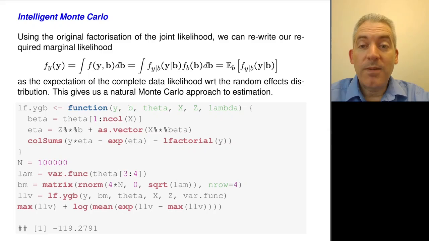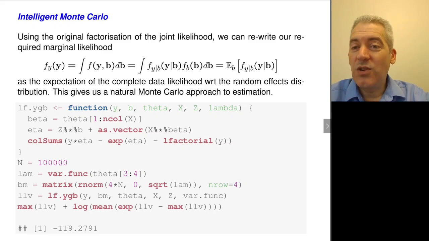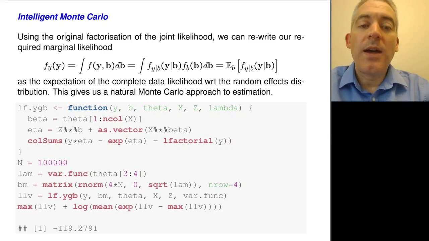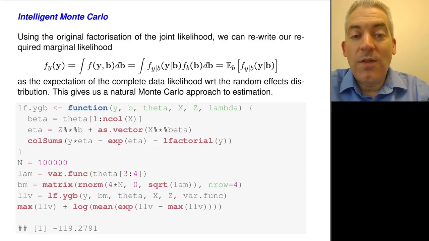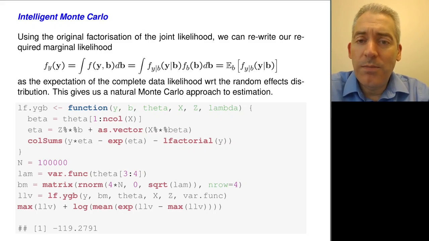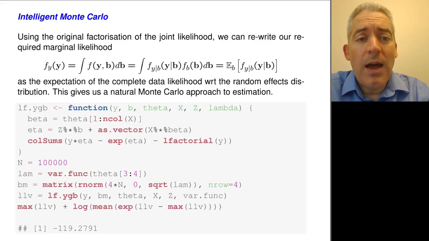So this is arguably the simplest approach we've seen so far. We're doing exactly the right thing, and the answer we get, minus 119.3-ish, is consistent with the other Monte Carlo approach that we took. So this is the natural approach. It's very much the first thing that I would try with this sort of problem. It's simple, it's natural, it often works quite well.